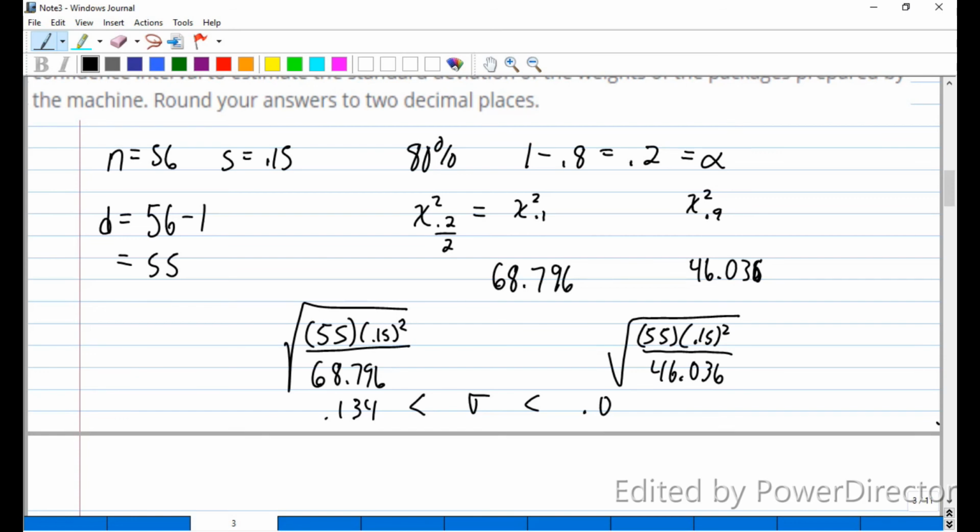I must have messed up. Let me do it one more time. I think I didn't take square root. That common mistake. Yes, I didn't take square root. 164. All right. So it's not too bad.